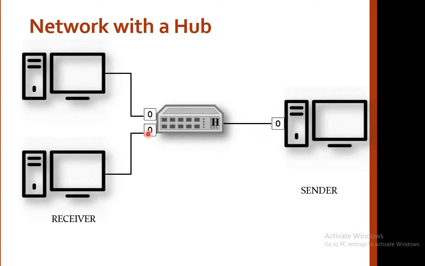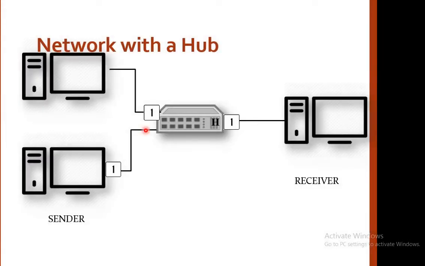It will transfer the data to all the devices connected in that network, irrespective of whether each is the proper receiver or not. That is the job of a hub. Similarly, in this case, if this is your sender, the data will go to the hub and the hub will regenerate and transmit the data to all the devices connected in that network.